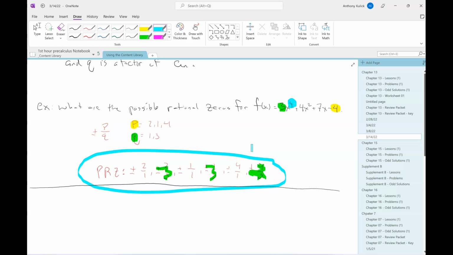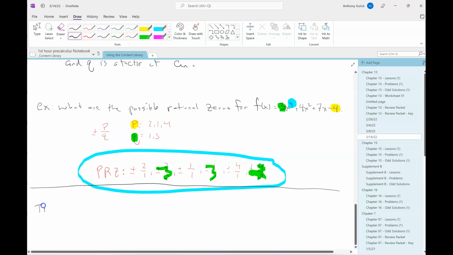Things that couldn't be written as fractions would not show up in this list. And this list doesn't really give us any indication about what the value of those numbers could be. So what can we use here? We have another theorem here that we can use.